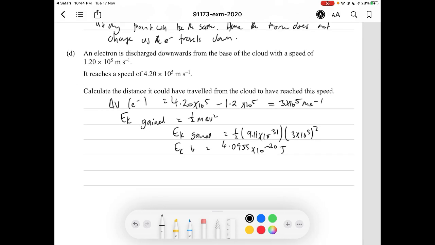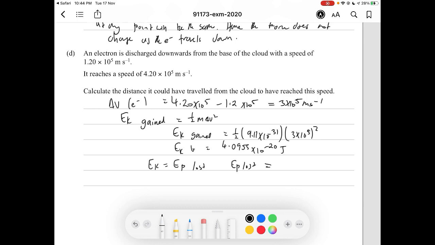The kinetic energy gain comes from all of the electric potential energy. Sorry, I keep saying elastic, so let me just apologize. It comes from the electric potential energy that it started with at the top of the cloud. So in this case, EK equals EP lost.